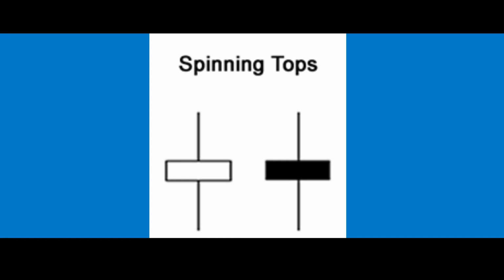The small real body, whether it is black or white or green or red or whatever it is, or hollow or filled, it really is showing that there's little movement from the open to the close, right? It's not much movement. And these longer wicks indicate that both the buyers and sellers were fighting, but nobody could gain the upper hand.